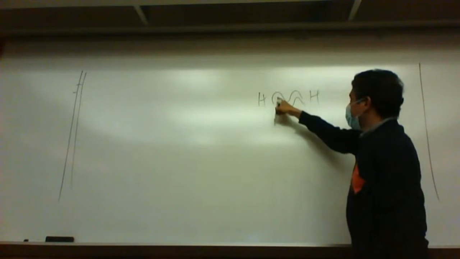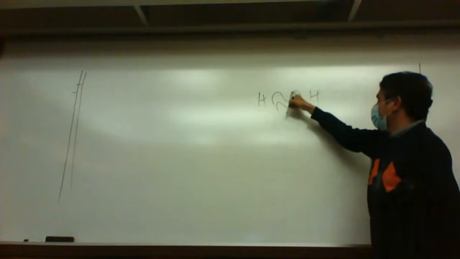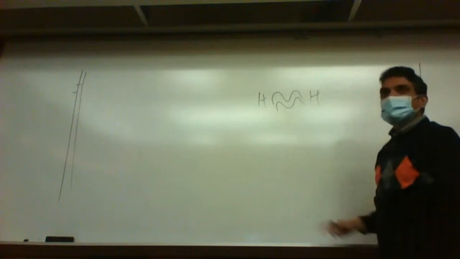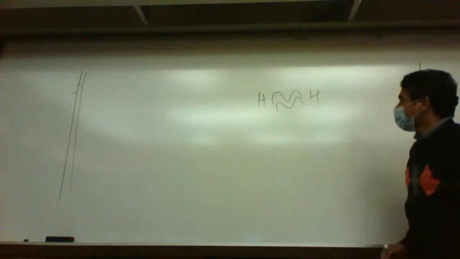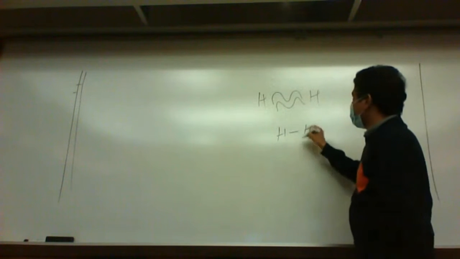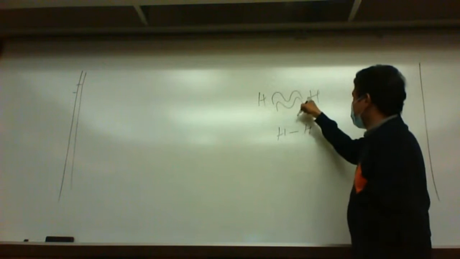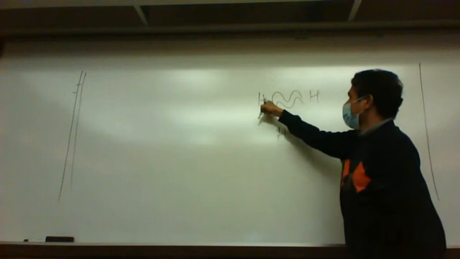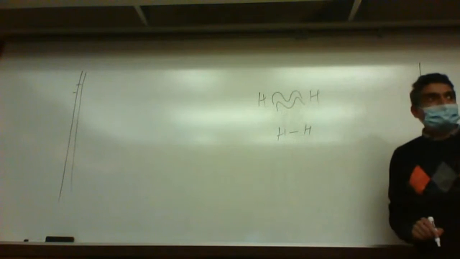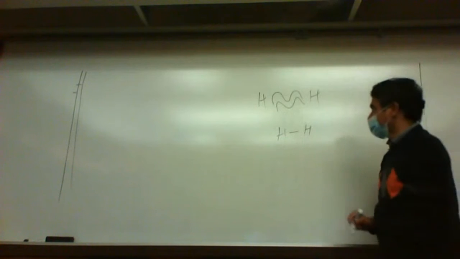So the peak is combined just below this peak, and this peak is just below this peak. So these electrons are waving like this. Therefore, they form this bond. So the probability of finding those electrons is higher between the nuclei of these two hydrogen atoms. So that's how they form the bond.